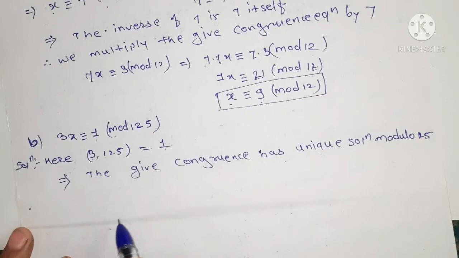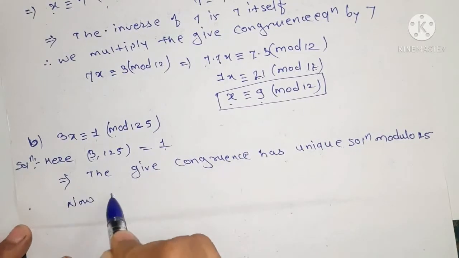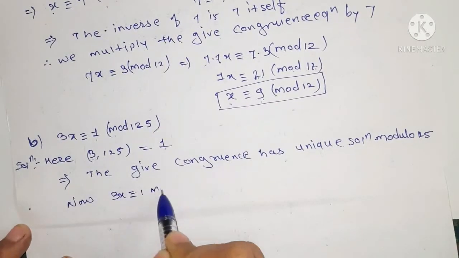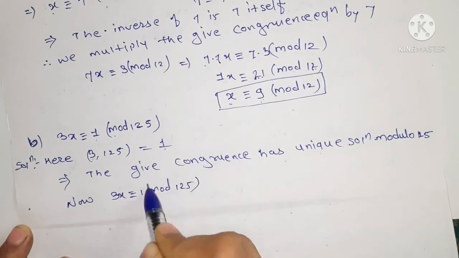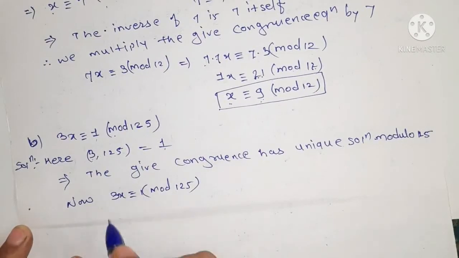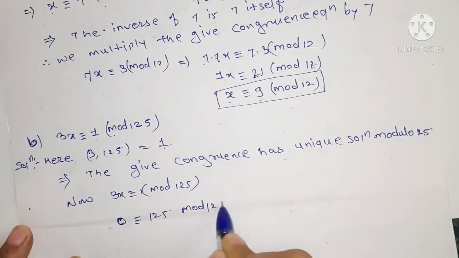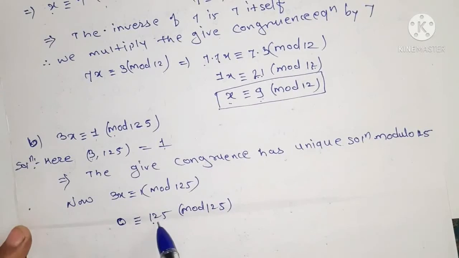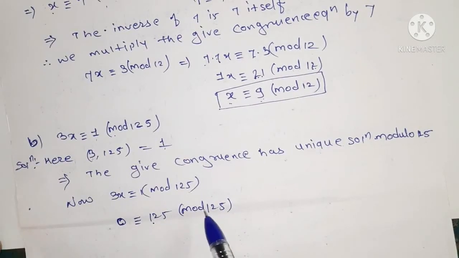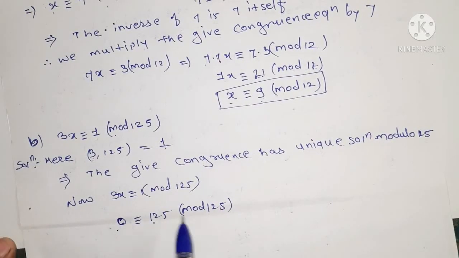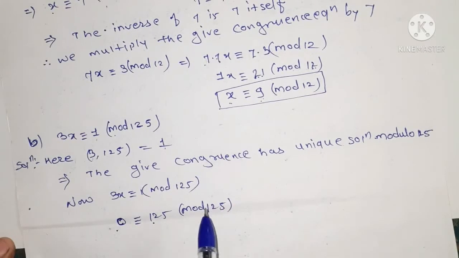Now we write this congruence 3x is congruent to 1 modulo 125. This is our given equation. We also know that 125 is congruent to 0 under modulo 125, because 125 is divisible by 125.